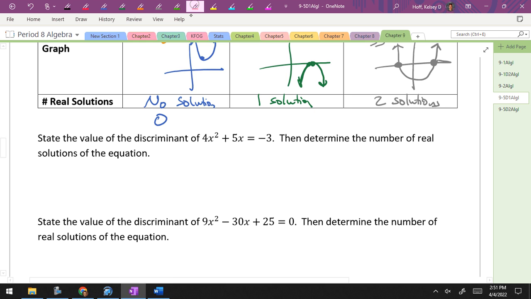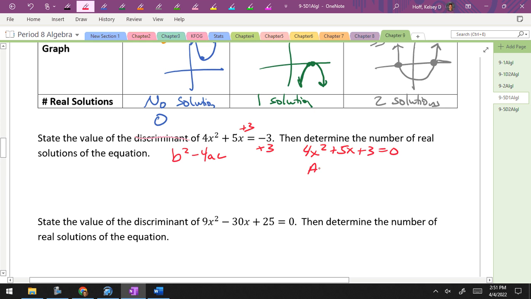So the discriminant screams at us, all we want to do is b squared minus 4ac. Now, rules still apply. It has to be equal to 0. So first I should add 3. So I have 4x squared plus 5x plus 3 equals 0. A is 4, B is 5, C is 3.